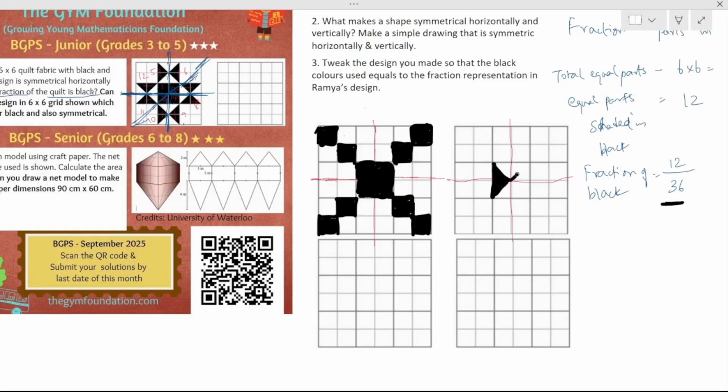And for it to be vertically symmetrical, I should have another one here. So 1 plus 1 is 2 now already. Maybe to make a diamond, I can make it like this. So this is another 1, 3. And for it to be vertically symmetrical, I should have one like this. So I have now 4 already done.